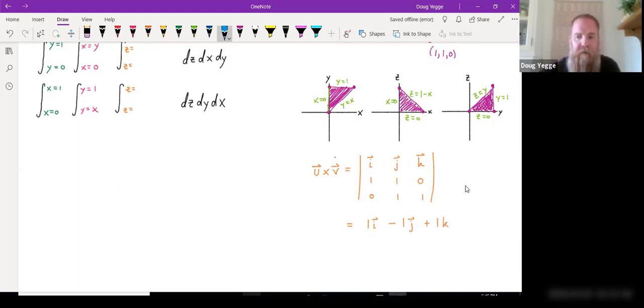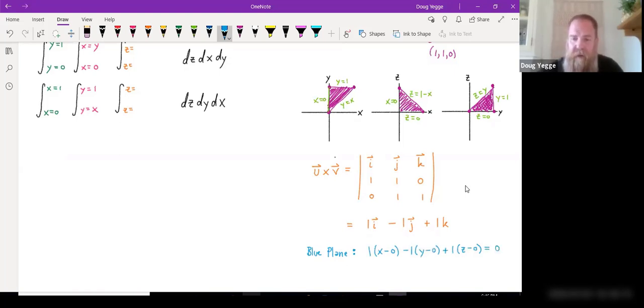So I know that the blue plane is 1 times x minus 0 minus 1 times y minus 0 plus 1 times z minus 0. And the reason I'm just picking 0, 0, 0 is because it's the easiest and it's on the plane.